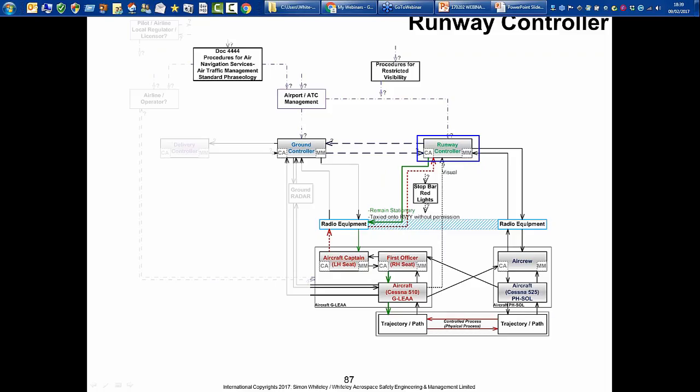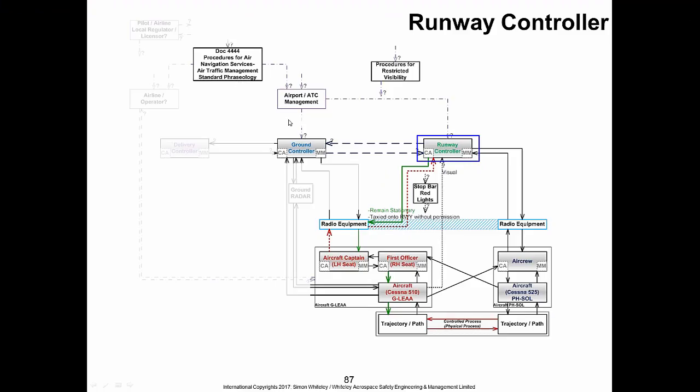It's all right having the ICAO PANS Doc 4444 that says, hey, everybody needs to use standard phraseology. But as you can see on this control structure with the dotted arrows, how does that information find its way through the control structure? Obviously it's got to be picked up by somebody. It's got to be manifested by, in this case, the airport management or the airline operator.